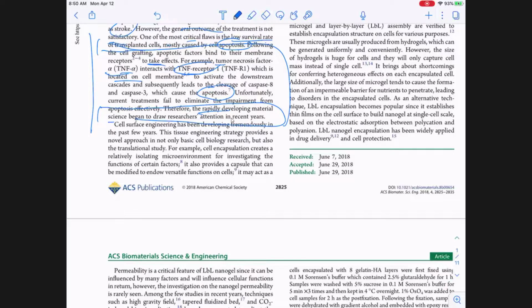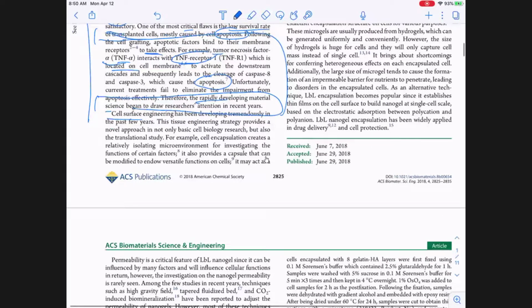One way is cell surface engineering. We mentioned cell tissue engineering and cell surface engineering. The basic idea is cell encapsulation to create a microenvironment.